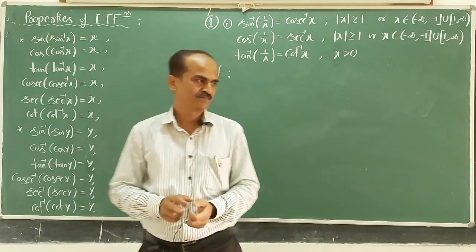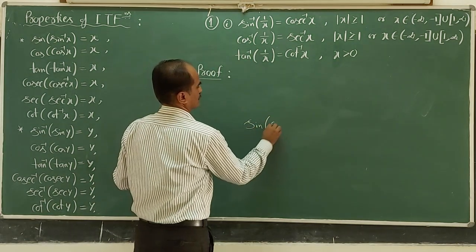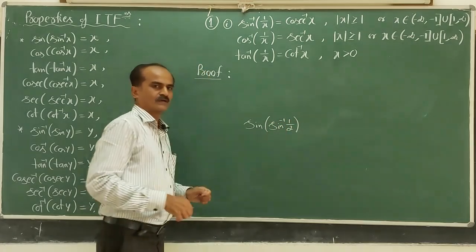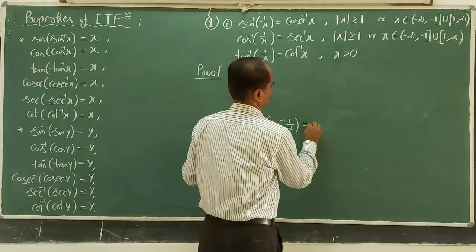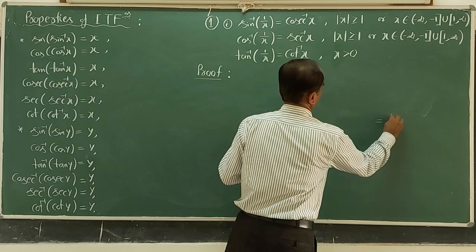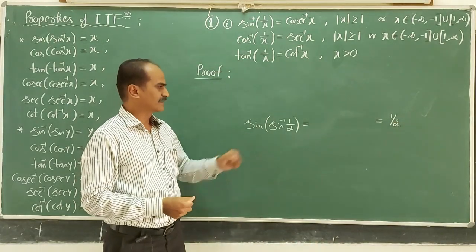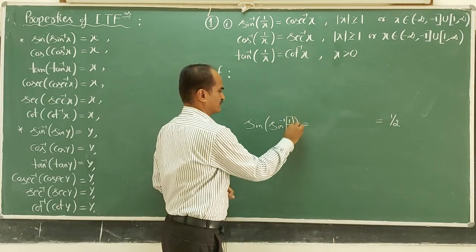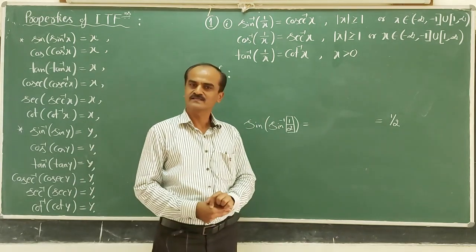It means, I have sine of sine inverse 1 by 2. According to that statement, I can write straight away 1 by 2, because now I compare this with sine of sine inverse x. I return the result as x.